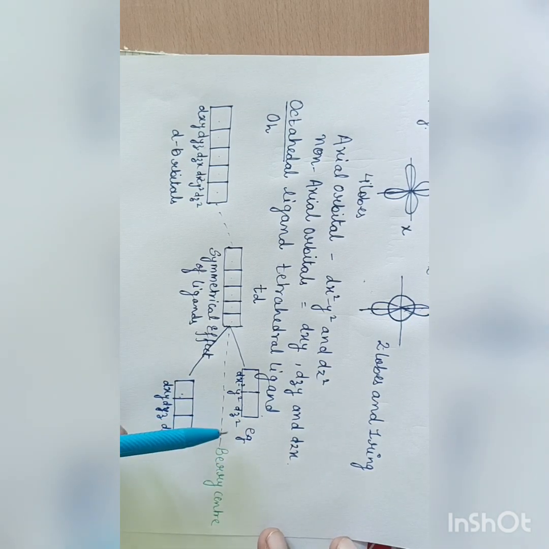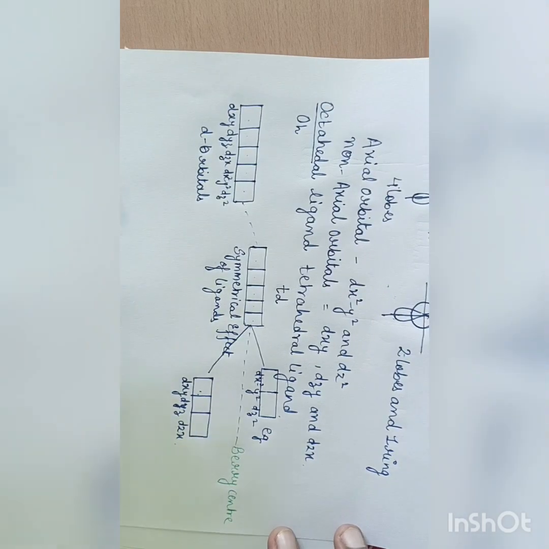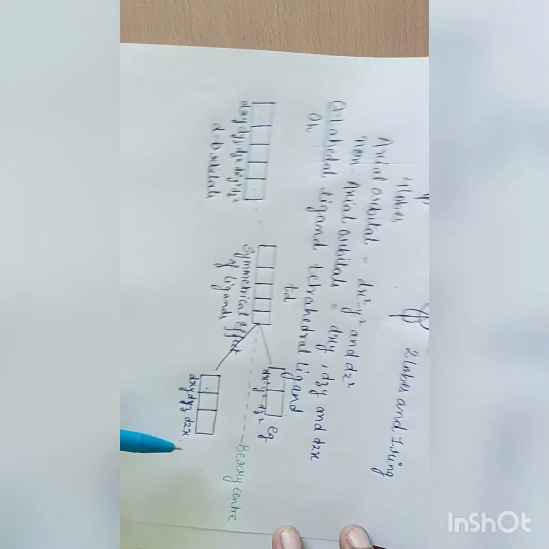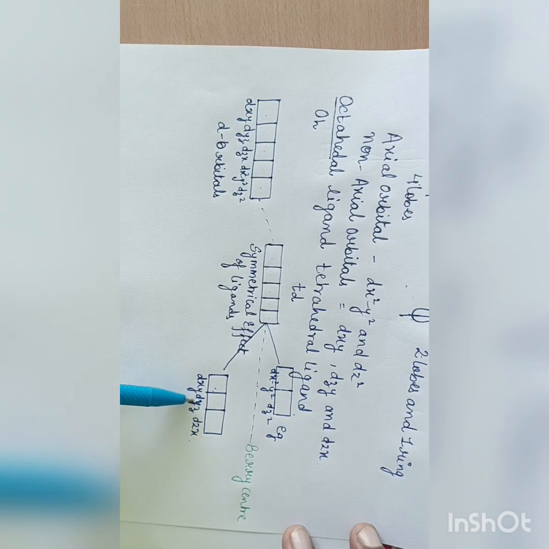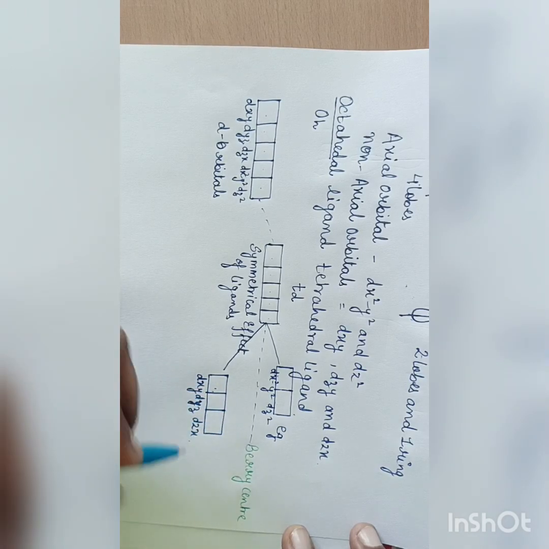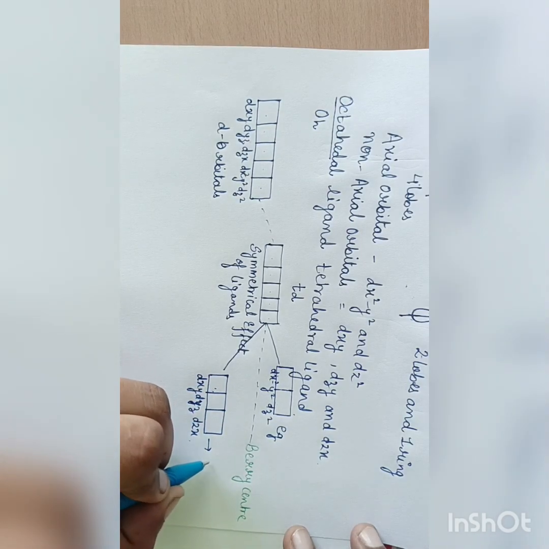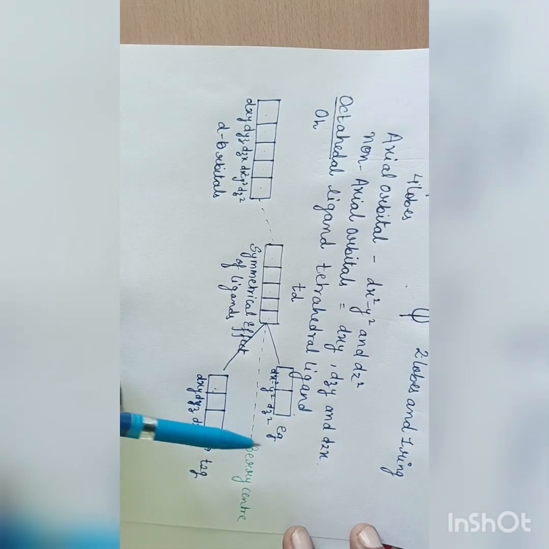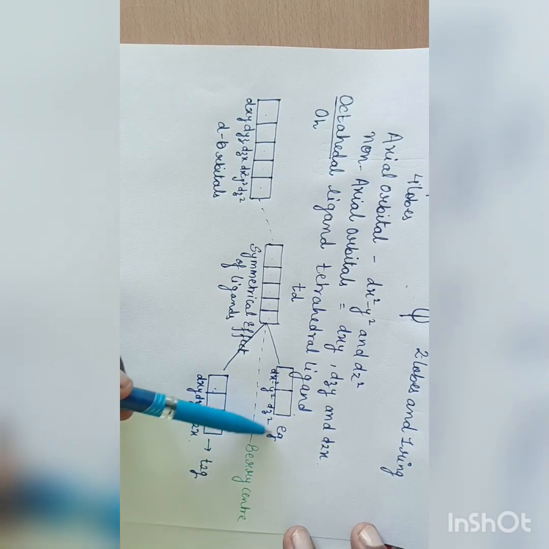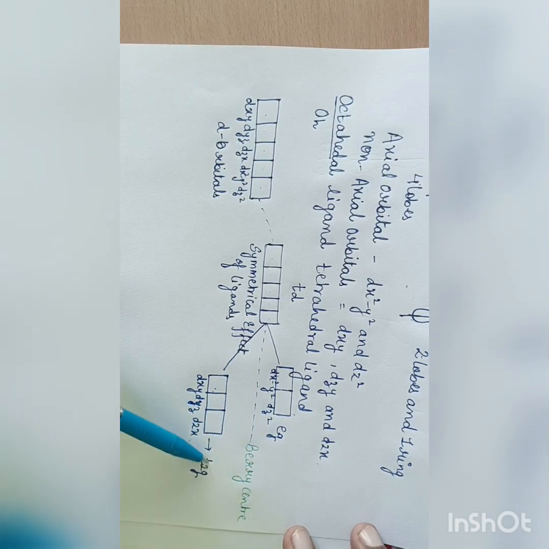Below the barycenter, there are 3 orbitals, dxy, dyz and dzx, and these all 3 orbitals are called T2g. This Eg and T2g you will study in your higher classes in the topic of group theory.